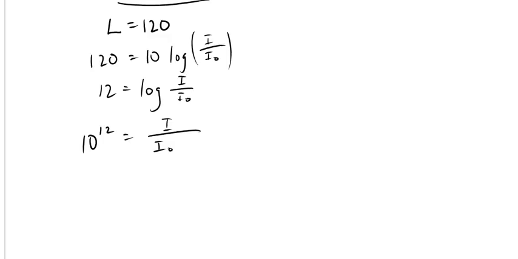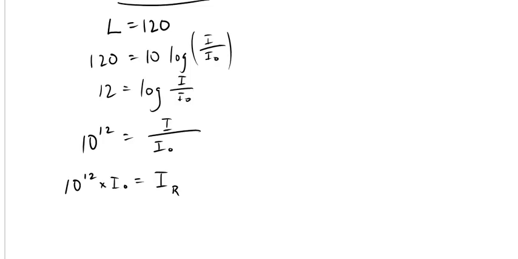Everybody okay with that? And then I'm going to multiply by I0, so I get this solved for I. 10 to the 12 times I0 equals I, and I'm going to add a little R for rock concert.